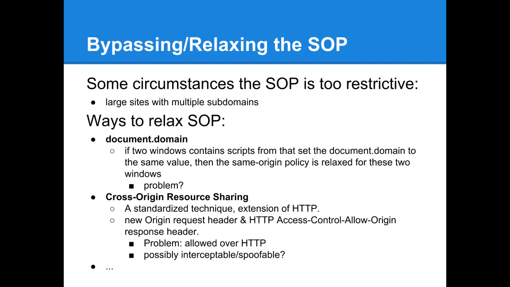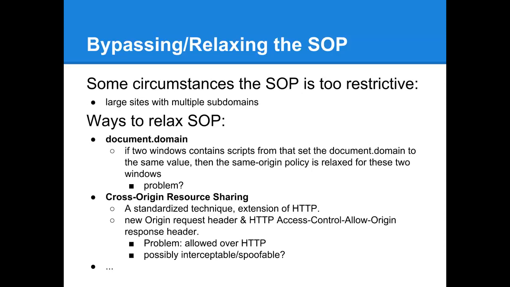There are many cases where SOP is too restrictive for large sites with multiple subdomains and many other examples. There are a number of ways to relax the SOP. Document.domain is one such technique.